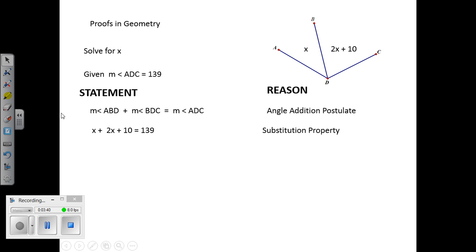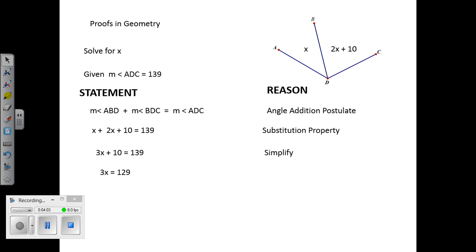Obviously, 2x and 1x can come together to 3x. What are you doing there? You're simplifying. It's just a process of solving the equation. What do we do now? Solve for x, we have to subtract 10 from both sides, which would give us 3x equals 129.